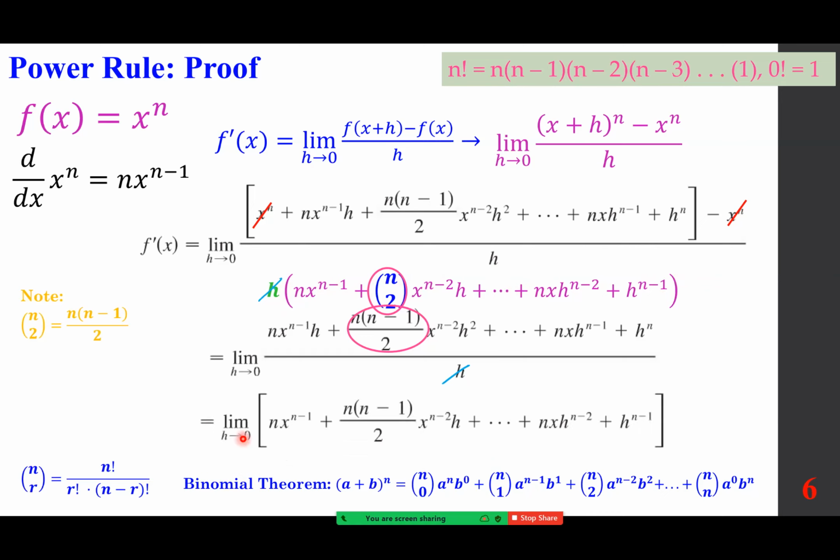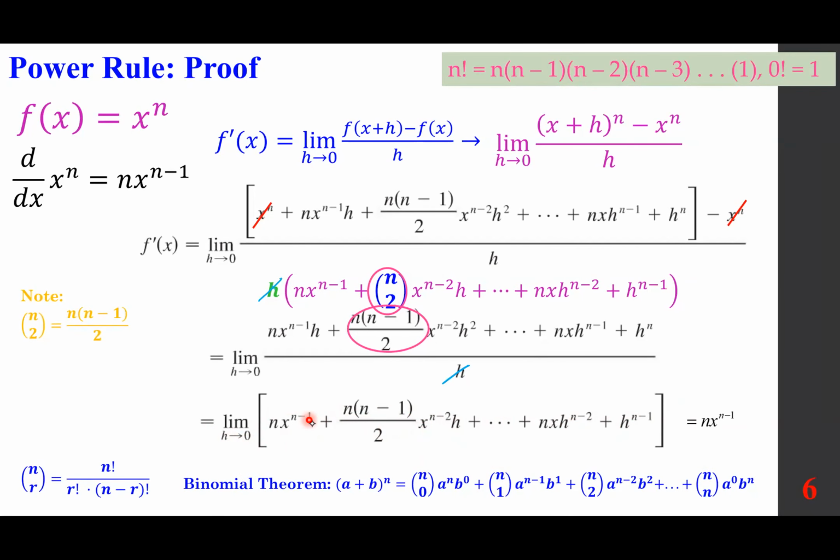And now if we apply h equal to 0, this becomes 0, this becomes 0, this becomes 0. Everything goes to 0 when we apply h equal to 0, except the first one, and therefore the answer is n x to the power of n minus 1. In other words, that's the proof.